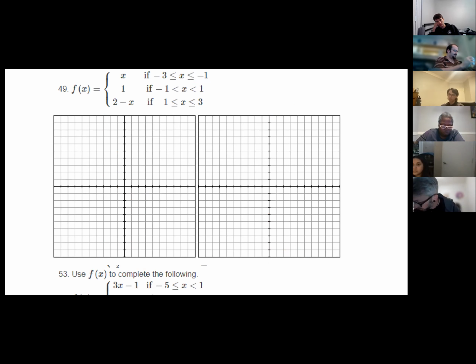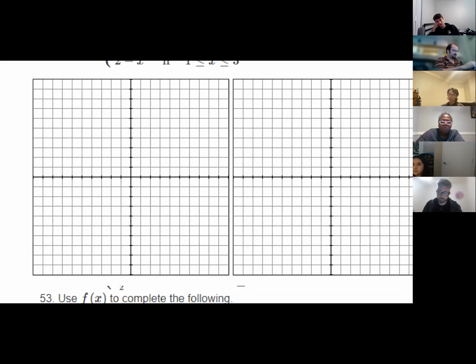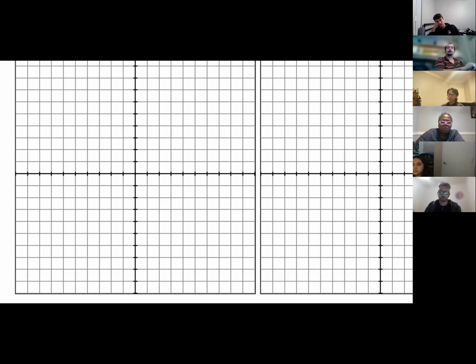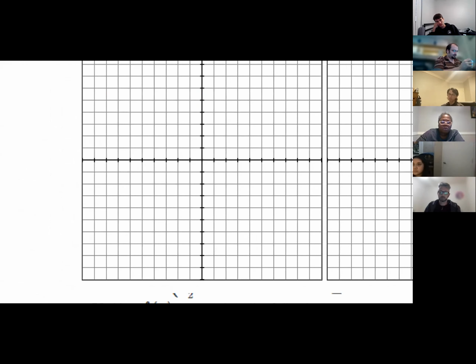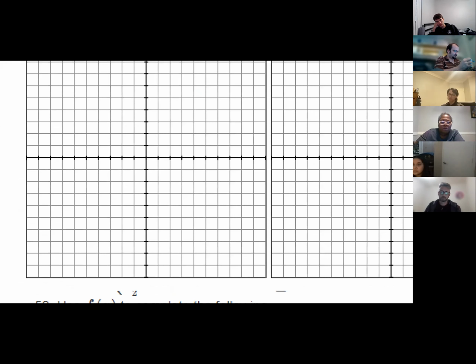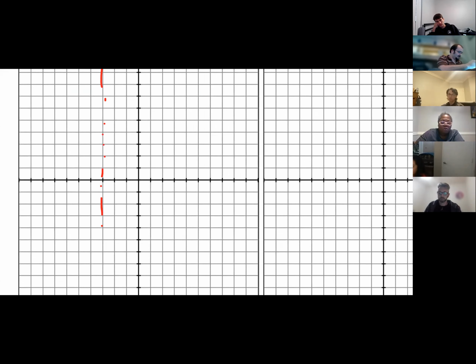Okay, I think maybe if I zoom in a little bit more, it might actually be better. So -1, 2, 3, somewhere along here, and I'm doing 3 different functions.